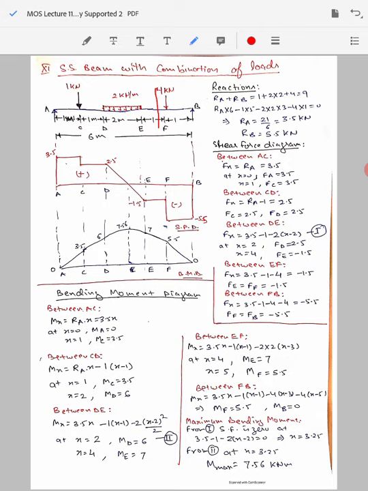So the total load because of this uniformly distributed load will be 2 kilonewton per meter multiplied by the distance 2 meters. So that is 2 into 2, 4. So here you get 3.5 minus 1 minus 4, which is equal to minus 1.5. Now again, this is not dependent on X, so for the span completely from E to F, the value will remain constant as minus 1.5.